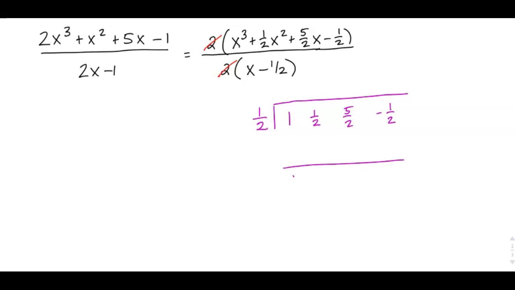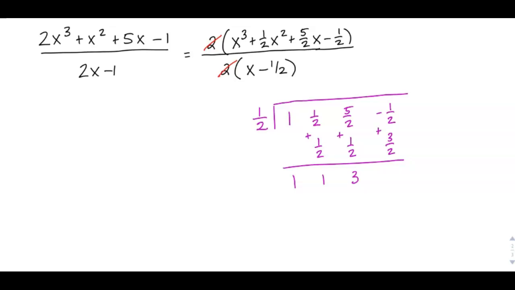So if I bring down the 1, 1/2 times 1 is 1/2. Adding 1/2 plus 1/2 is 2/2, or 1. 1/2 times 1 is 1/2. Adding 5/2 plus 1/2 is 6/2, or we could turn that 6/2 into 3. 1/2 times 3 is 3/2.